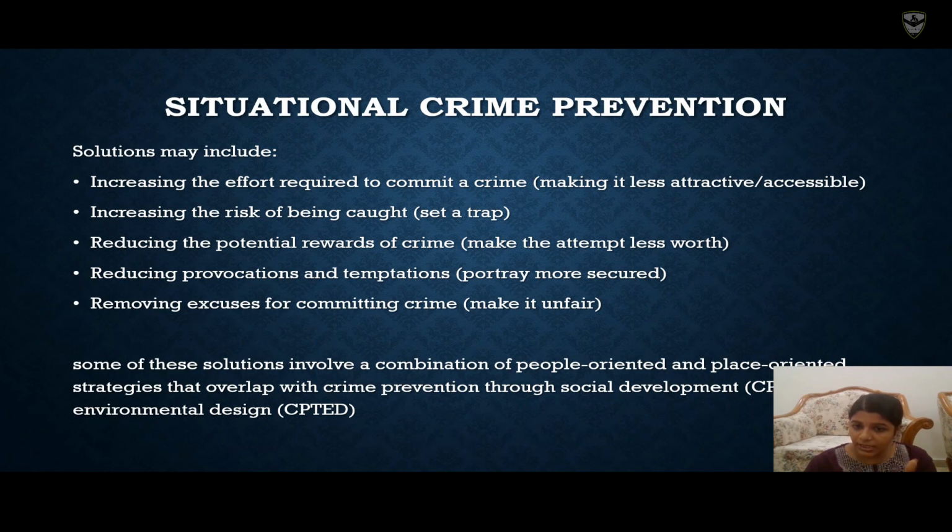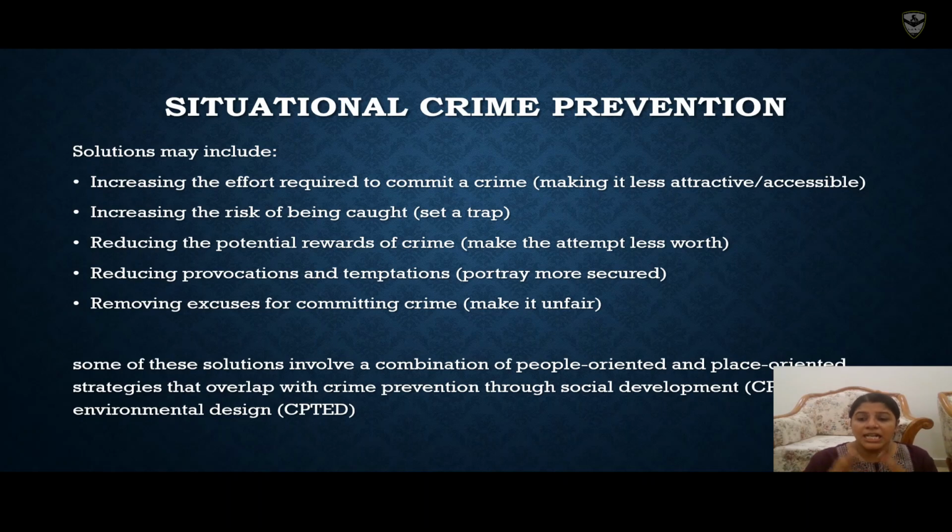One is people-oriented, and the second is a place-oriented strategy. So a combination of these two, with crime prevention through social development and crime prevention through environmental design, is what constitutes situational crime prevention.